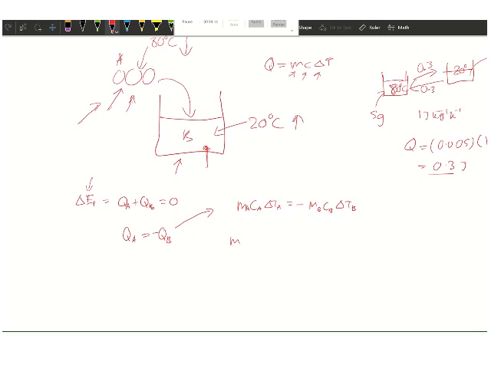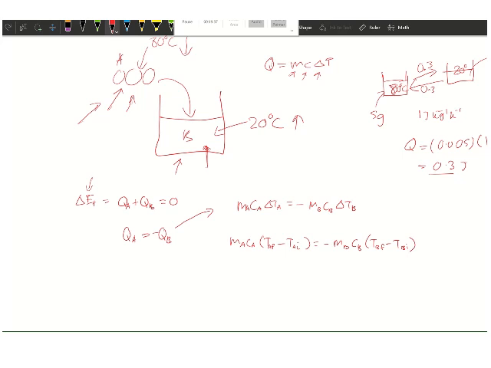If I were to break it down, MA CA times TA final minus TA initial, minus MB CB times TB final minus TB initial.